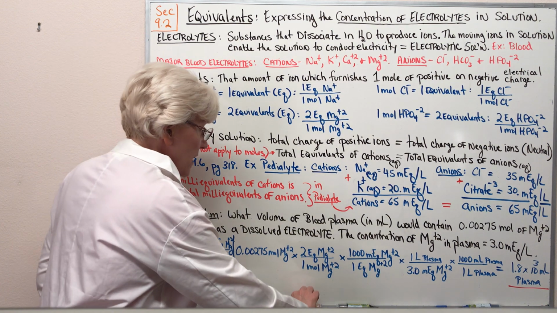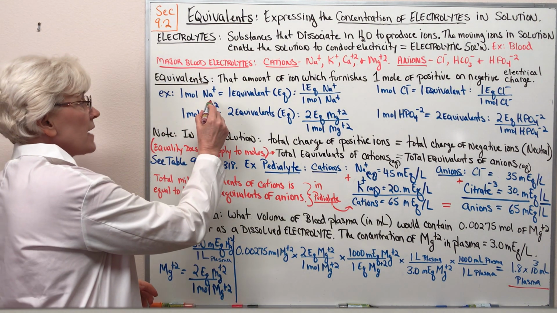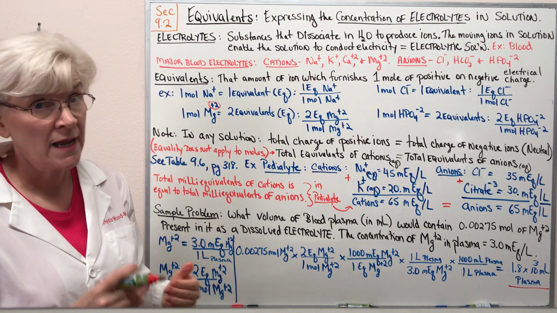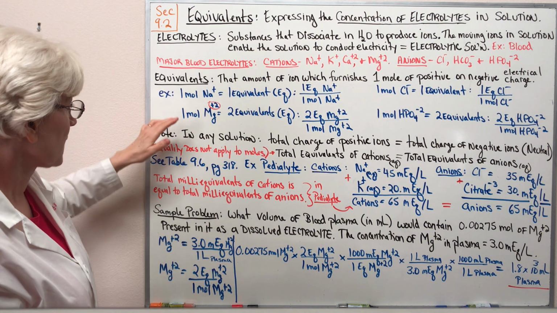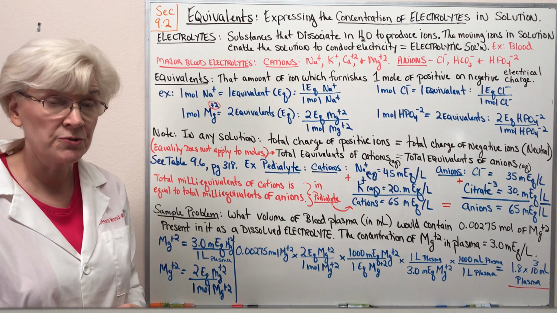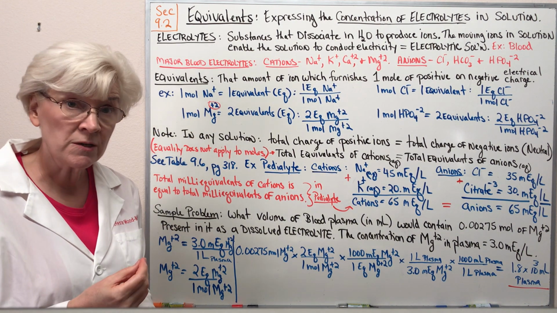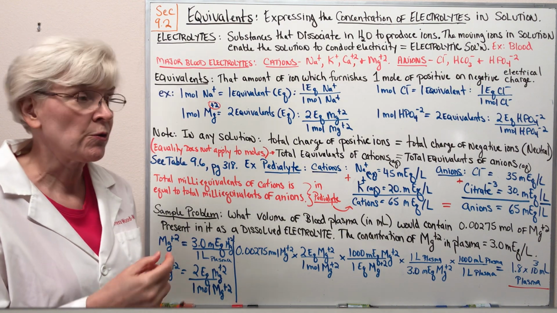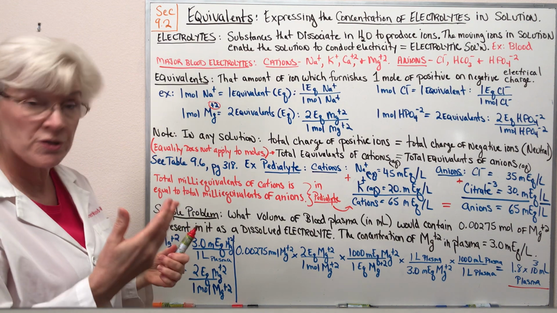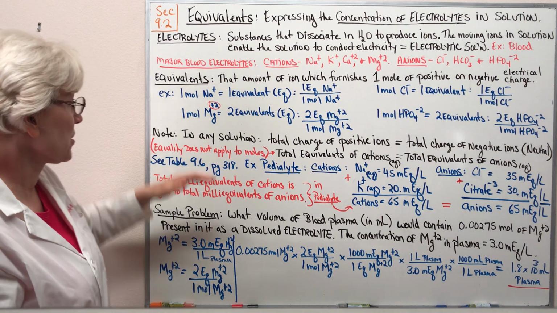So with that in mind, we just take a look at what the charge is on the ion, and that tells us how many equivalents are present. 1 mole of magnesium ion has a +2 charge. That is equal to 2 equivalents of positive charge, or 2 moles of positive charge.